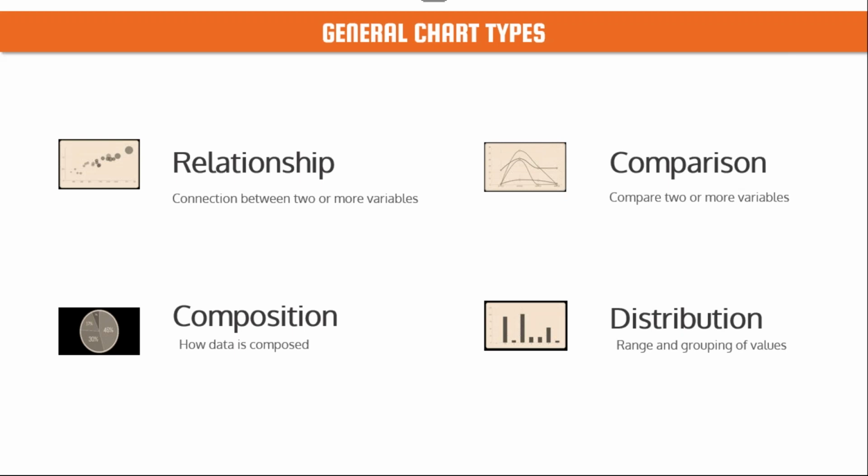We want to see the proportions between the elements within the whole 100%. There's a comparison, when you want to compare two or more variables, let's say sales of different products or sales over different periods of time. We have the distribution, which is a range or a grouping of values, let's say your customers' age or regions.